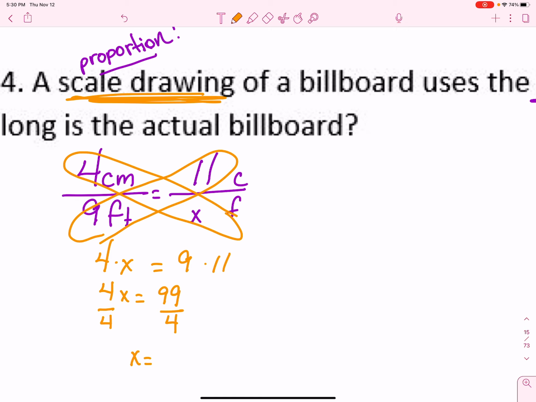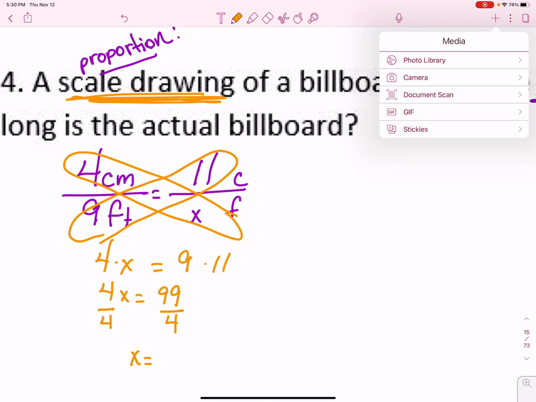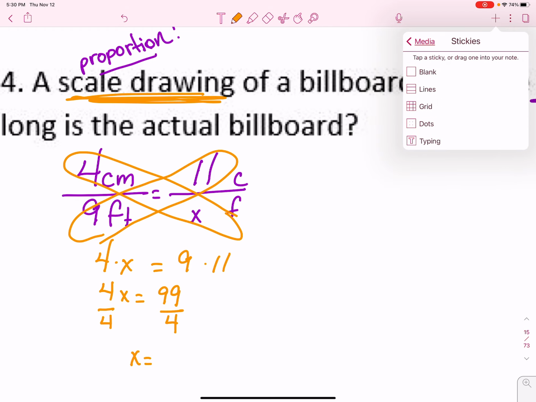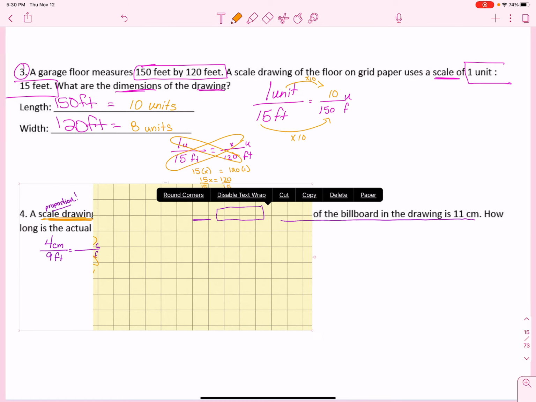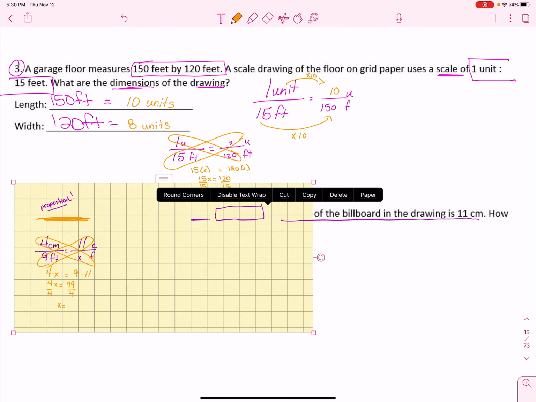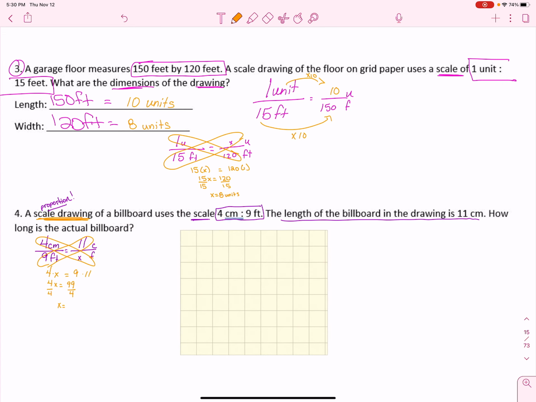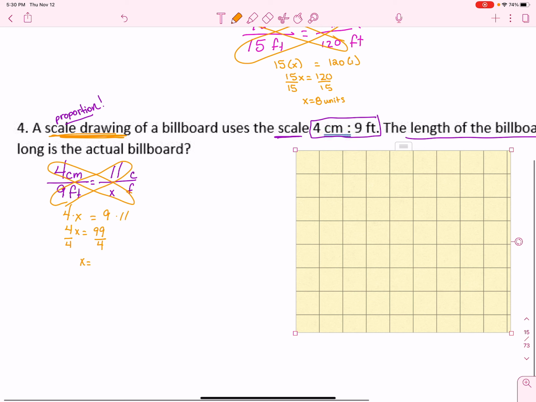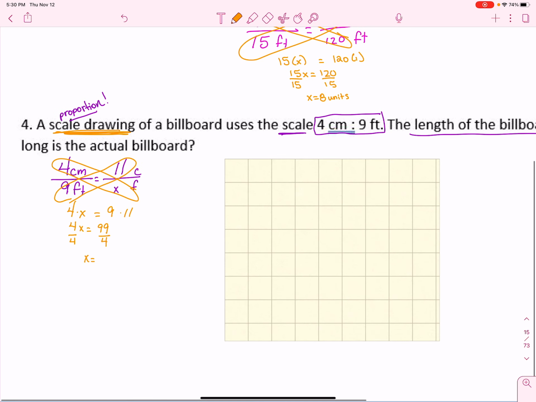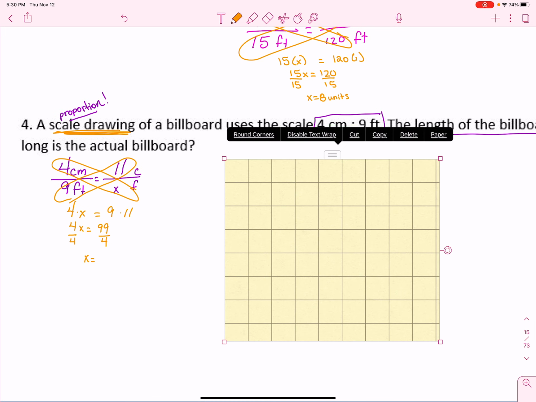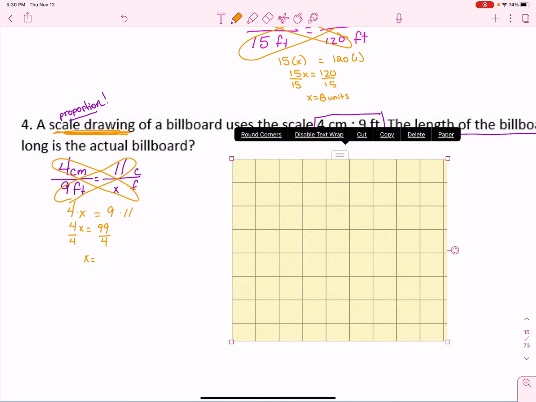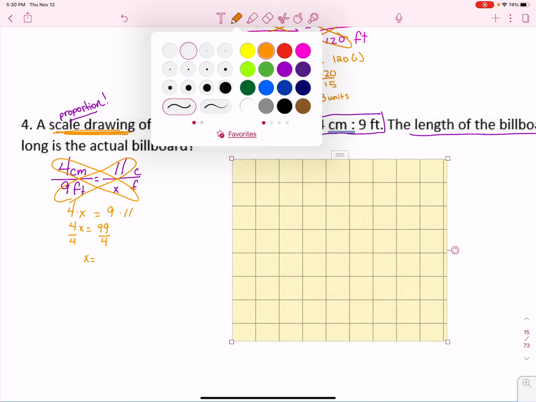So we're going to need to do some long division. And when I do long division, I like to use graph paper. Okay, so let me switch back to my pen.